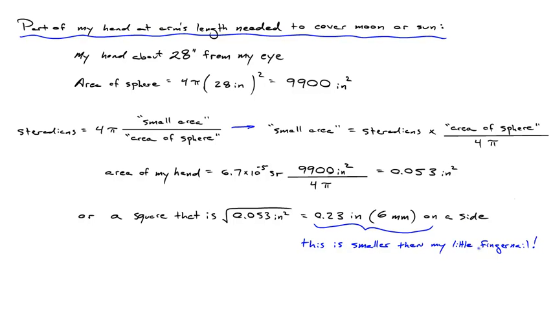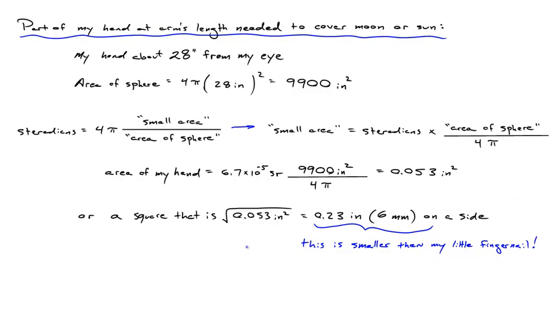And I did a measurement, and this is smaller than my little fingernail. So according to these estimates, I haven't done the experiment yet, but if you went outside on a night with a full moon and held your little fingernail in front of the moon, you're liable to cover the entire thing. And that's really surprising to me.